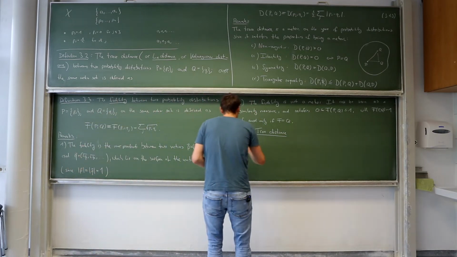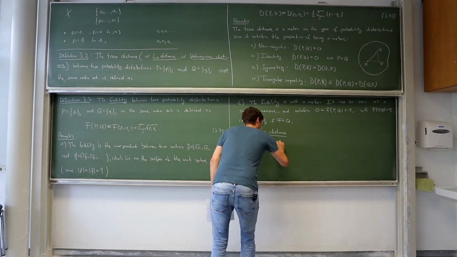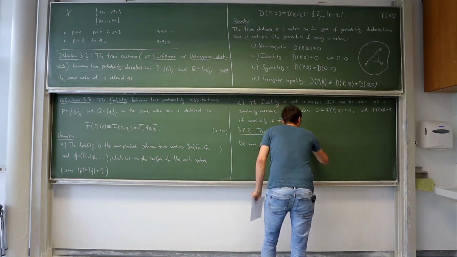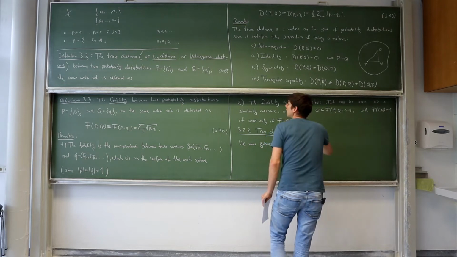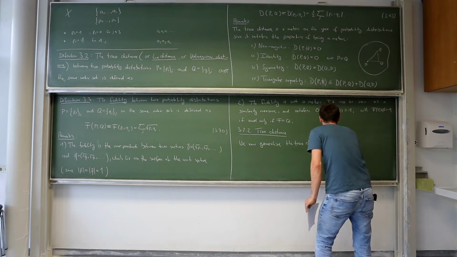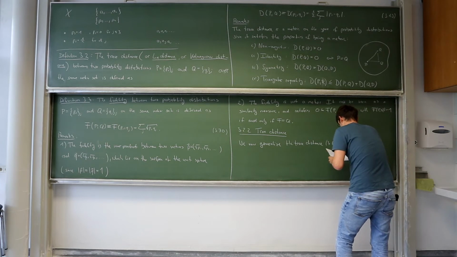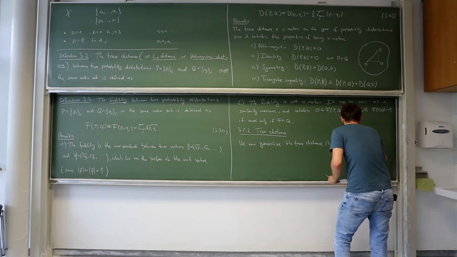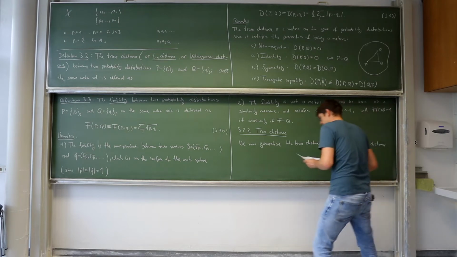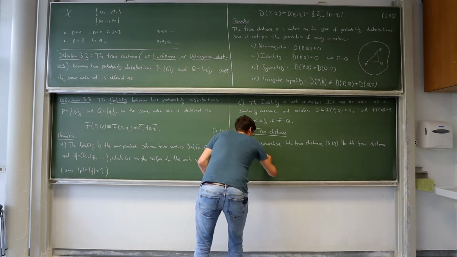So we now generalize the trace distance, it's here 3.69, to the trace distance between two quantum states.